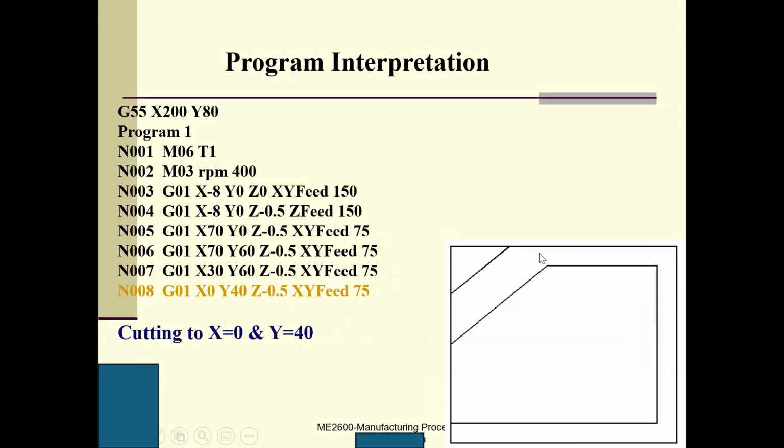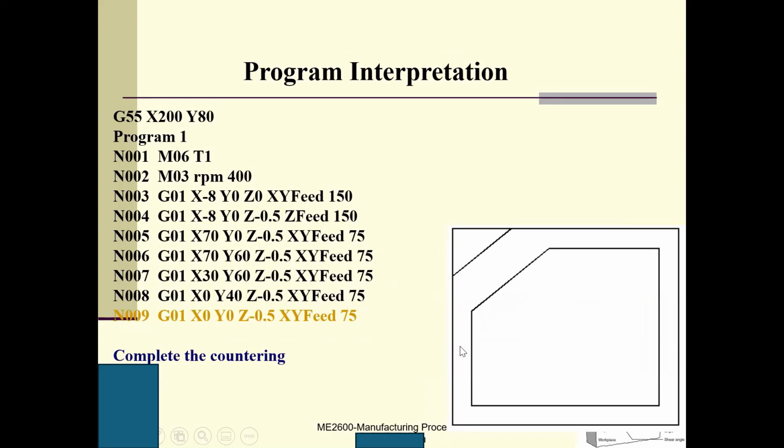And then we have a straight slot, from here to X0, Y40. And we have this slot. And then we have this shoulder, from here to X0, Y0 with the same Z value.